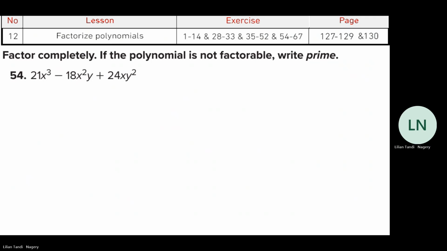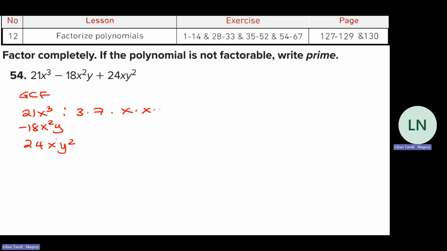GCF. (21x³ minus 18x²y plus 24xy²). Three times 7 times x times x times x.